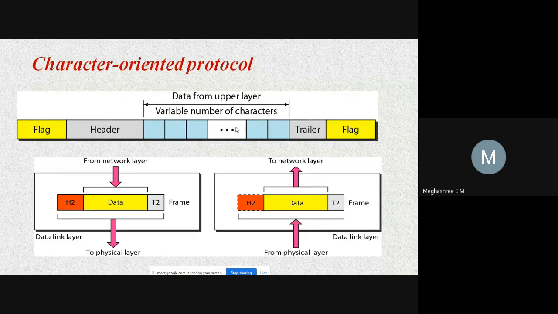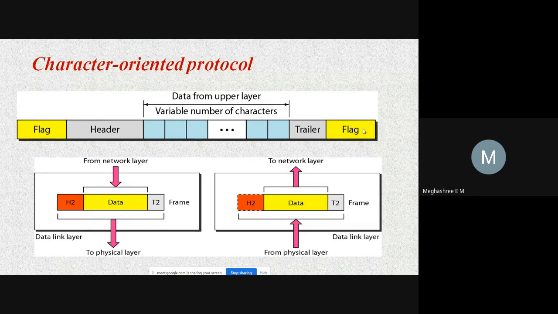So all data must be multiples of 8, or must be divisible by 8. If you take the flag, even this must be a multiple of 8. If you take header, even this must be in multiples of 8 only. So whatever flag, header, data, trailer, again flag that you consider here will be in the form of bits itself. So 1 byte is what?